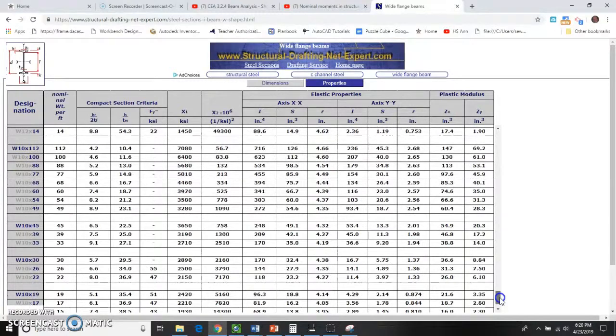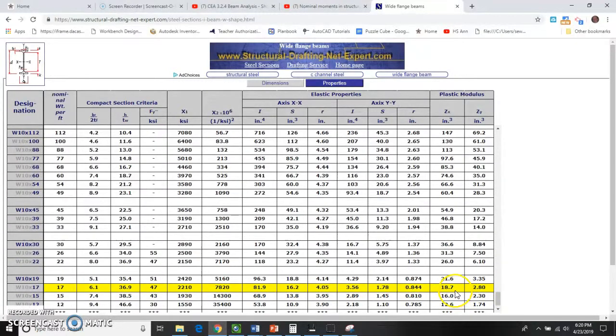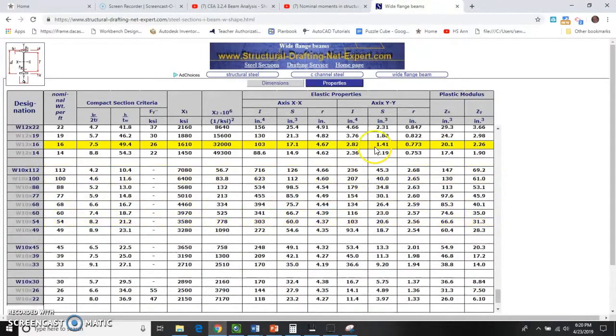You'll also notice that there is another one down here that could work. It's 18.7, and that's a W10 by 17, but this one weighs 17 pounds per linear foot, and the W12 by 14 weighs 14 pounds. So this is our lightest beam, and we want to use the lightest beam we possibly can. So I'm just going to leave that one highlighted.